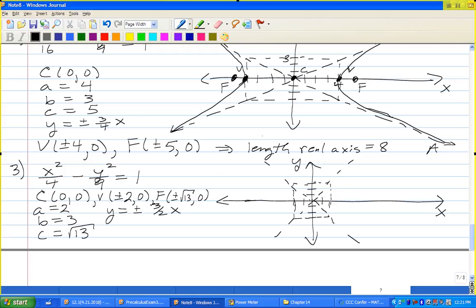And the x is positive. So this is my hyperbola. Here are the vertices, center, foci. And here are my asymptotes.